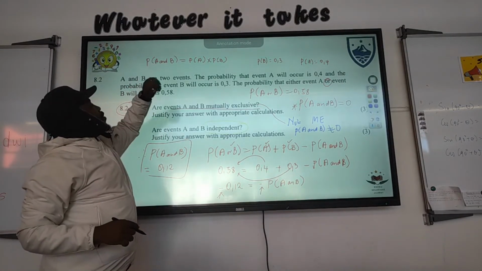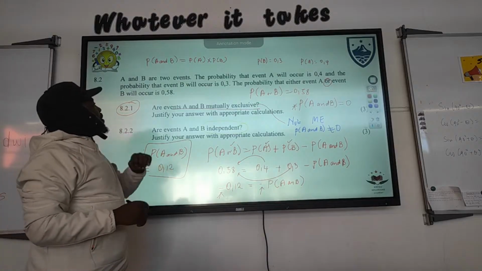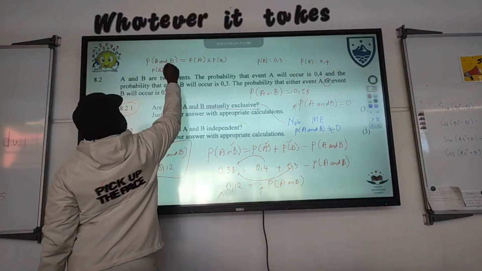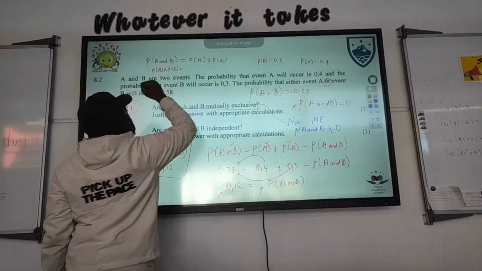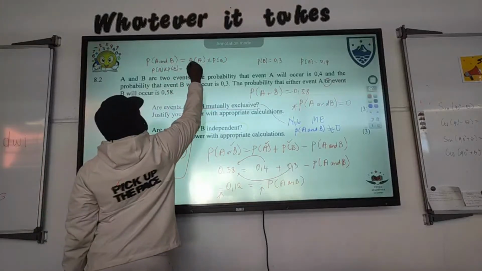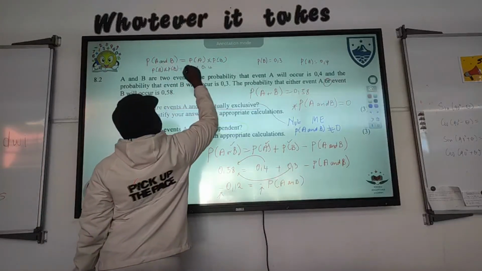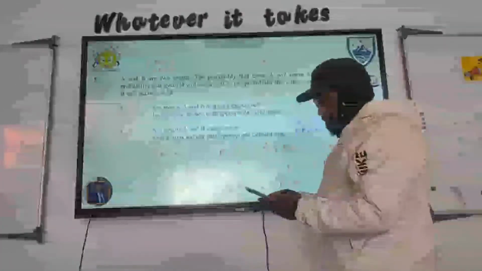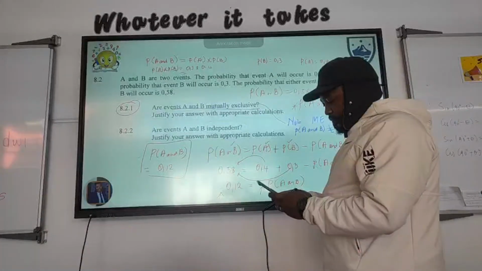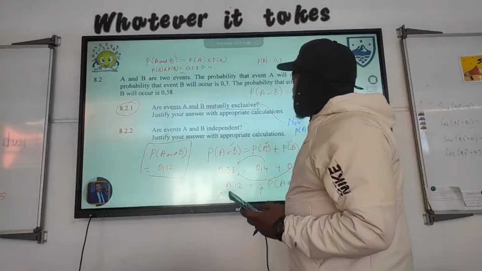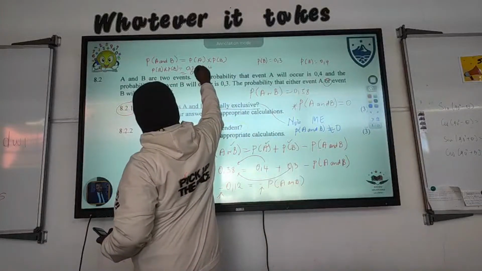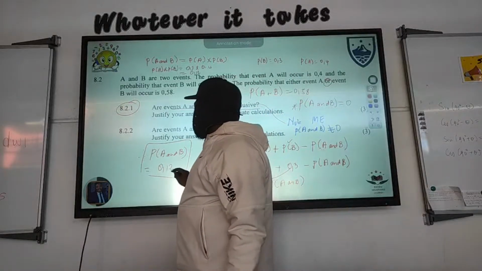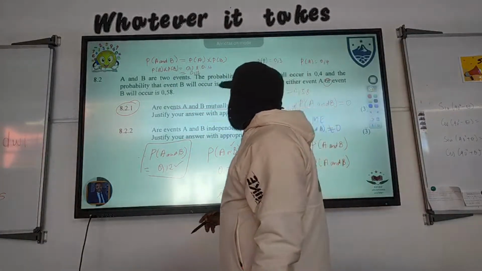So already we have the value of the probability of A and B. Let's see if we take the probability of A multiplied by the probability of B, how much we get. We get 0.3 multiplied by 0.4, and you can use your calculator to multiply that. It simply gives you 0.12. And remember, the answer that we got for the probability of A and B was also 0.12.